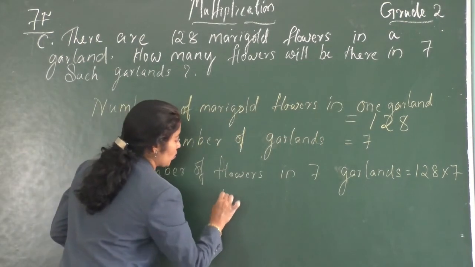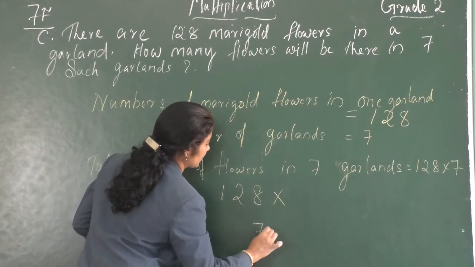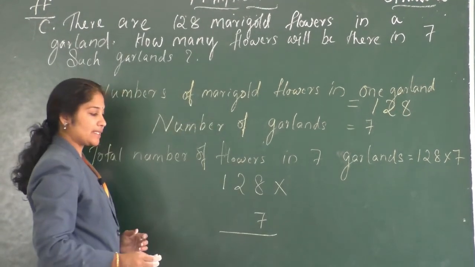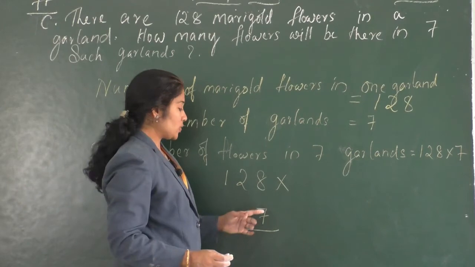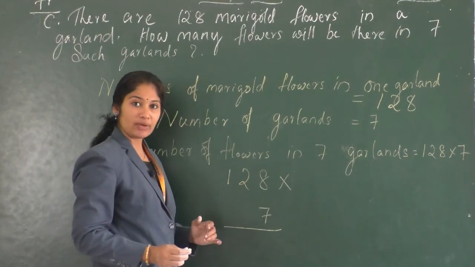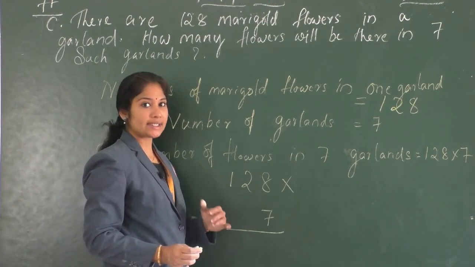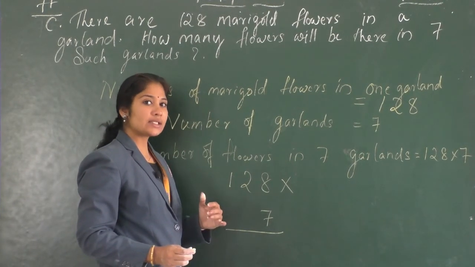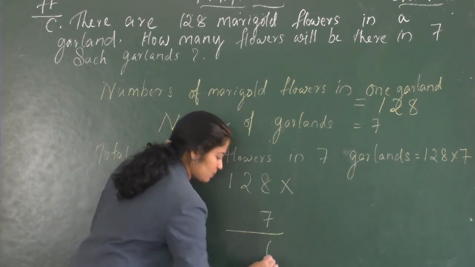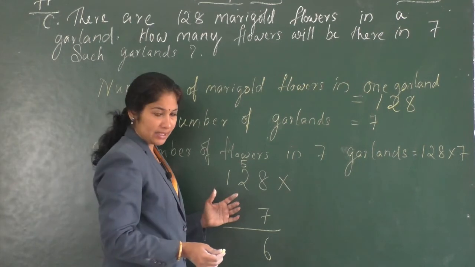We can write 128 multiplied by 7. 8 into 7, first which place do we have to multiply? Ones place. 8 into 7, 56. 56 we can regroup into 5 tens and 6 ones. 6 we write at the ones place and 5 will carry over to the tens place.